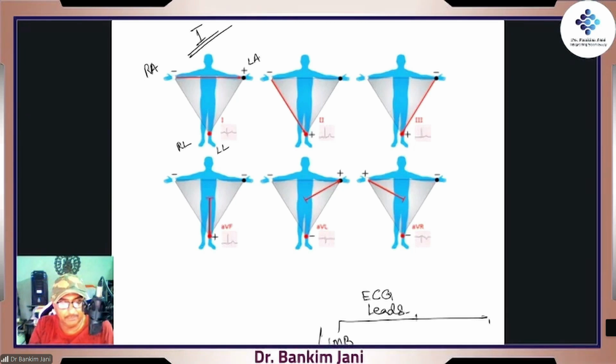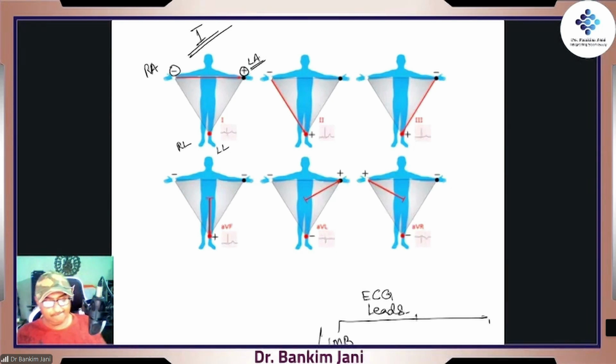So we have plus over here and minus over here. Right. So here we have applied electrodes on both the hands, but it is the left arm, right? It is the left arm's electrode that is positive, and right arm electrode that is negative.